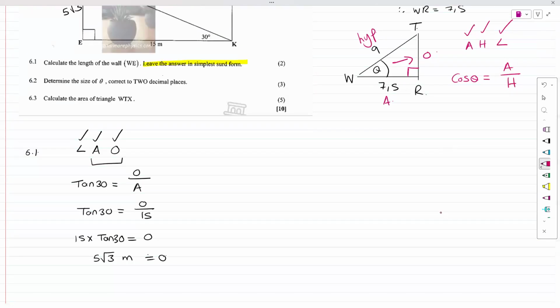Cos of theta equals 7.5 over 9. So theta equals shift cos 7.5 over 9. And this answer is whatever the calculator gives us.